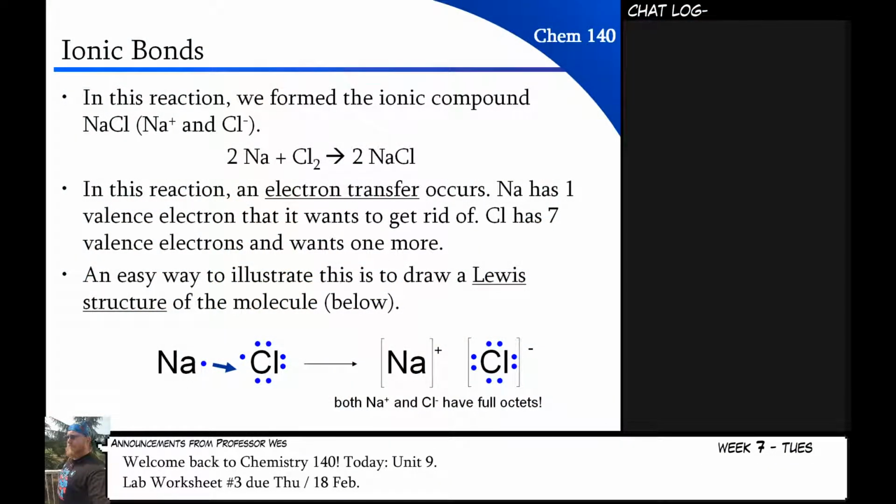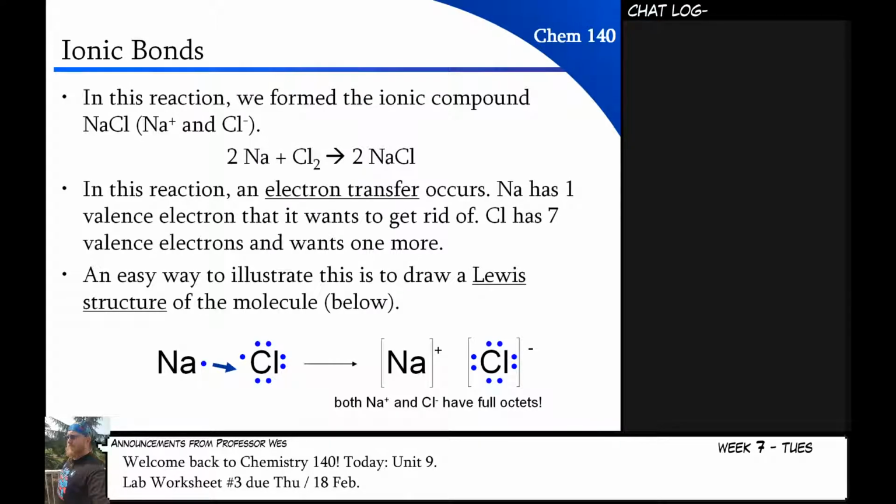I believe that this is the slide that we left off on. We were talking about electron transfer and how this actually occurs in elemental matter, such as solid sodium and chlorine gas. And I showed Lonnie from UC Berkeley, how he demonstrated the reaction of chlorine gas with sodium metal.